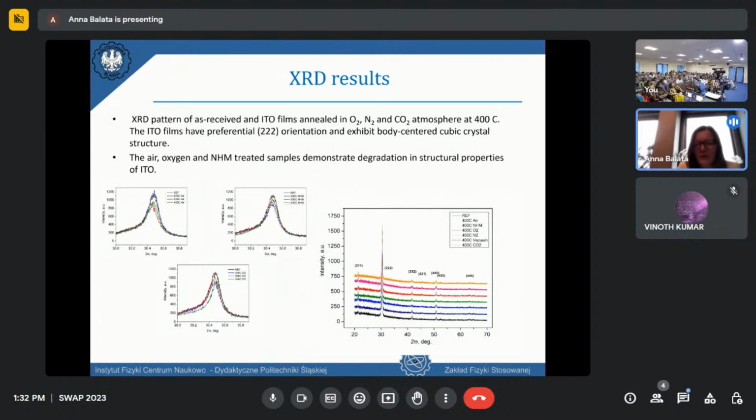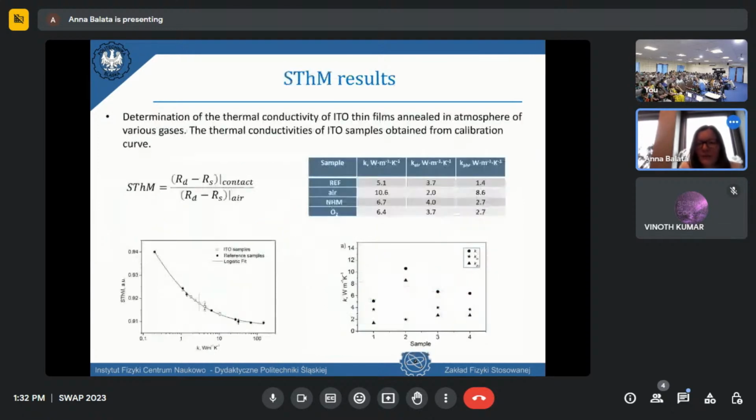On these two graphs, we have the peak 2, 2, 2, from the plane 2 to 2, so the dominant one. And we can observe that in the case of the reference sample, the sample annealed in nitrogen-hydrogen mixture, and the sample treated in oxygen, we can see a slight degradation of structural properties because we see the lower signal.